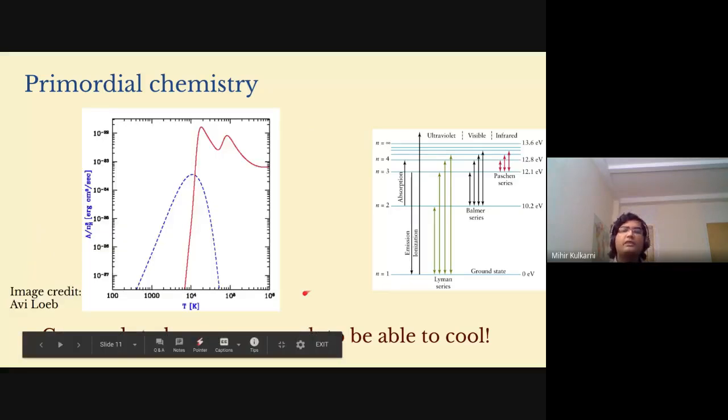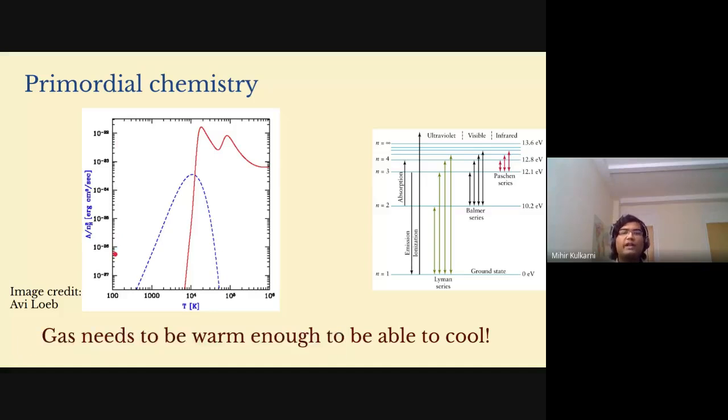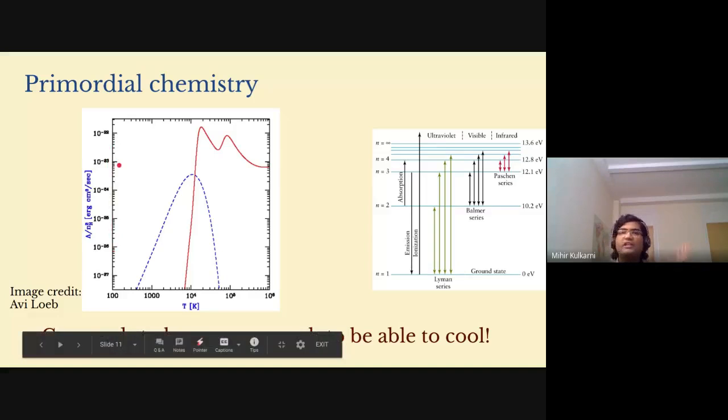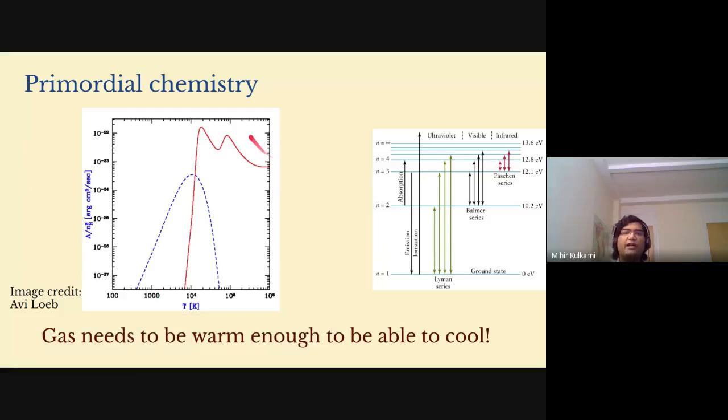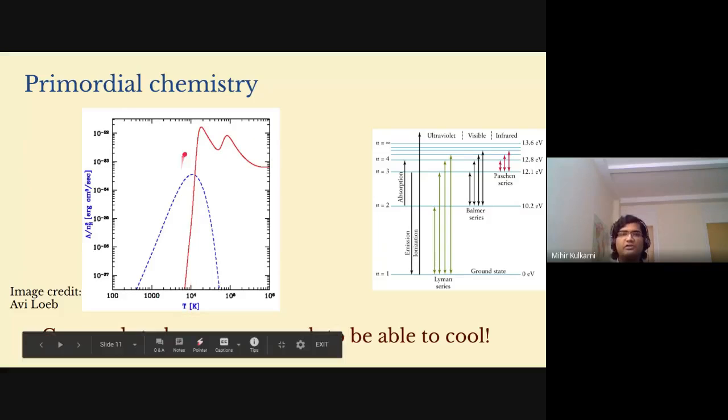Okay, and this can again be shown in terms of what is called the cooling function. The y-axis here is the cooling rate for a given density of atomic hydrogen and molecular hydrogen as a function of gas temperature. If you only consider the red line here, this is in the absence of molecular hydrogen, and we can see that the cooling rate falls off very rapidly below 10 to the 4 Kelvin, as we expect.